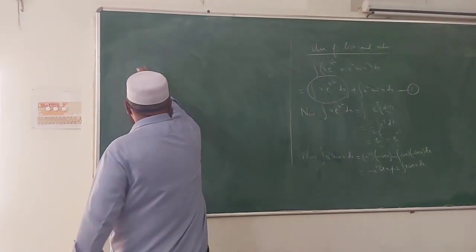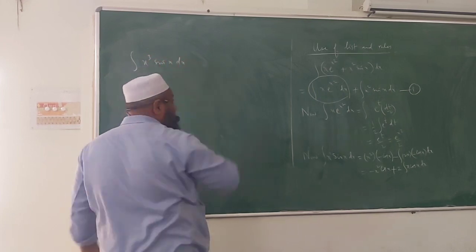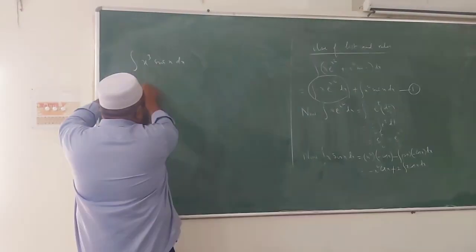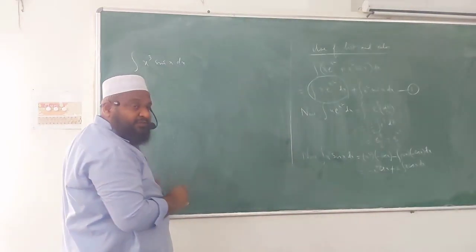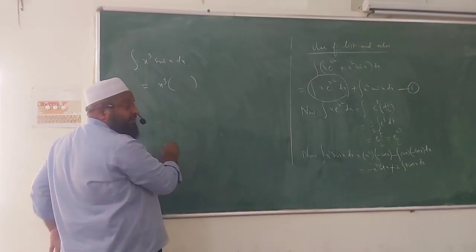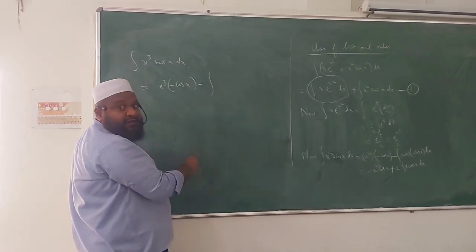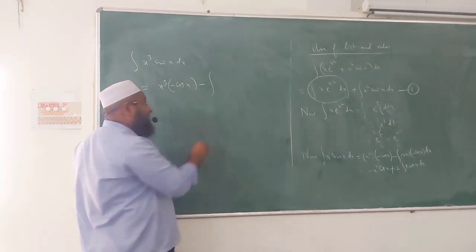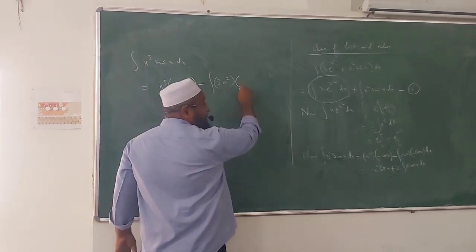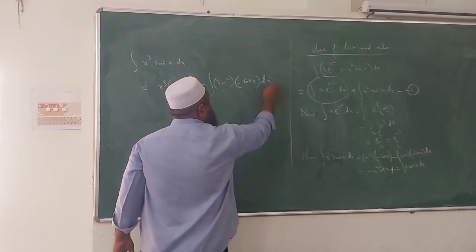Just imagine how it will be integral x cube sin x dx. Can you imagine what will be this one? It will be very lengthy, because you have to take it as equal to, come on tell, x cube into minus cos x, very good, minus integral derivative of x cube 3x square, very nice, that is over, minus cos x as it is, minus cos x dx.